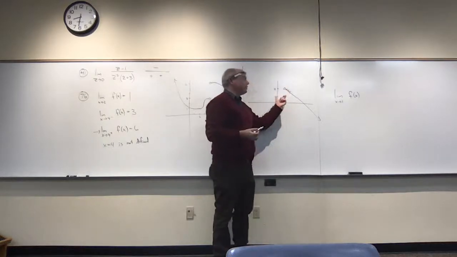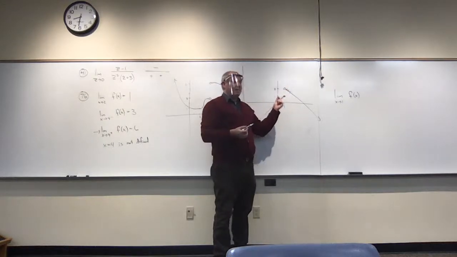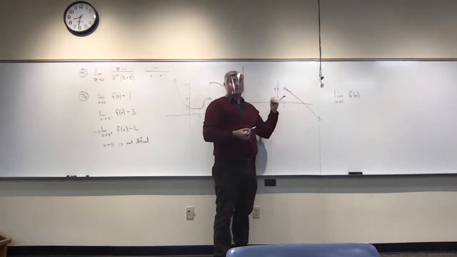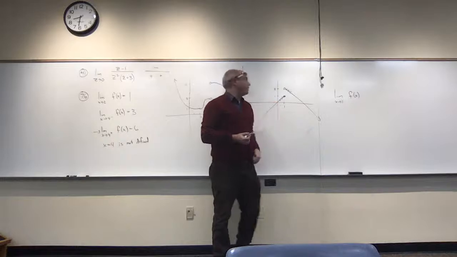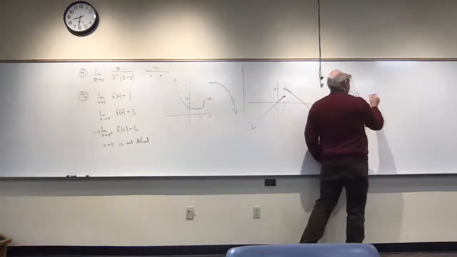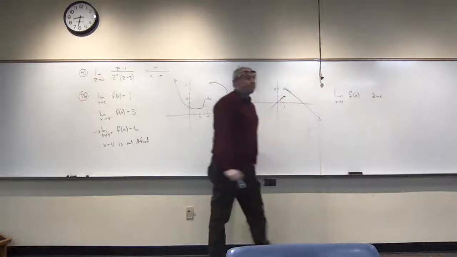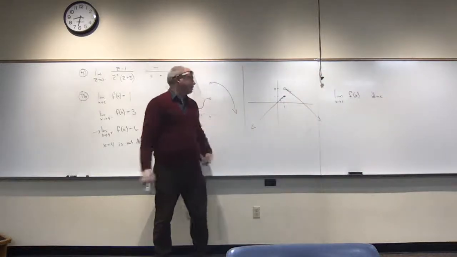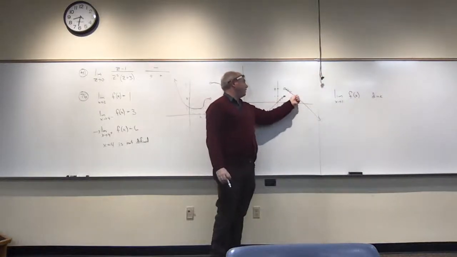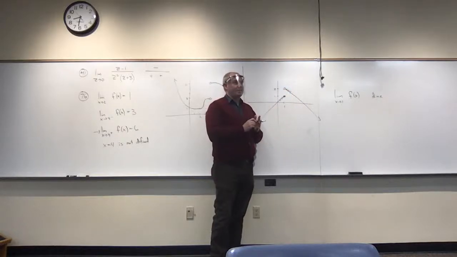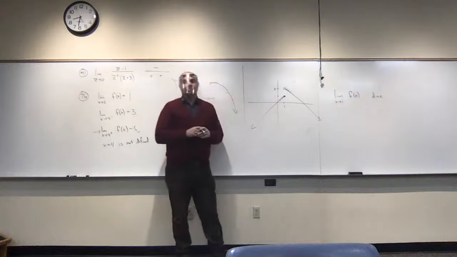And then those two need to be the same. In this case, since the limit from the left and the limit from the right are different, we would say that this limit does not exist. So there's no limit here because the limit from the left and the limit from the right don't match up. Does that make sense? Yeah, so it does not exist.